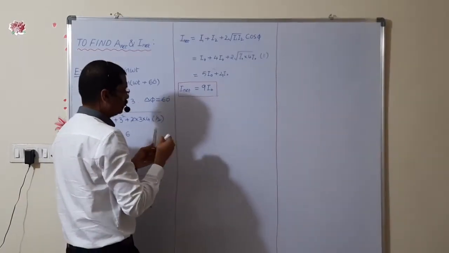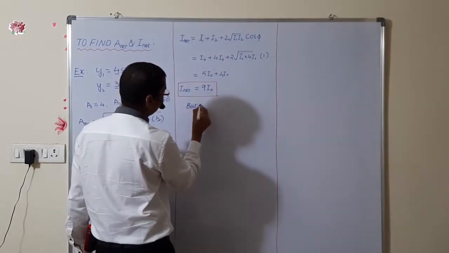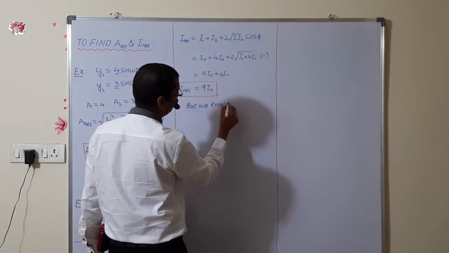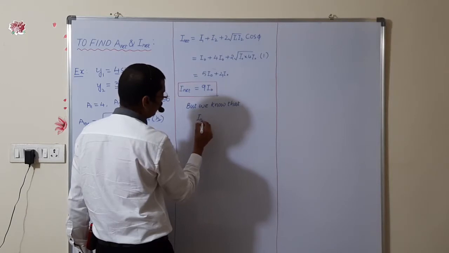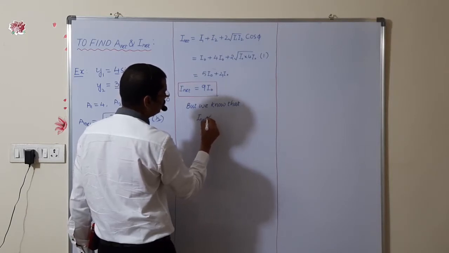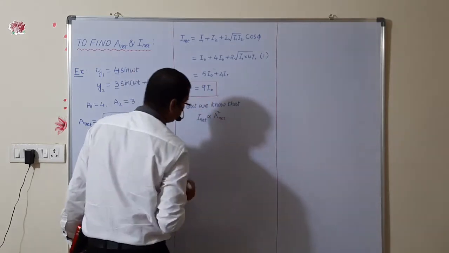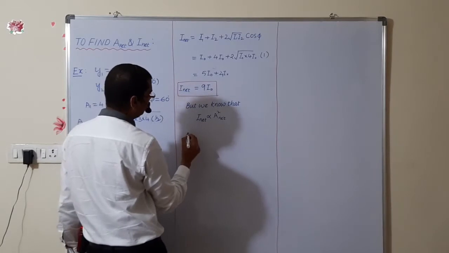But we know that I net is directly proportional to square of the A net. Now if I write this value, what do we have to write?